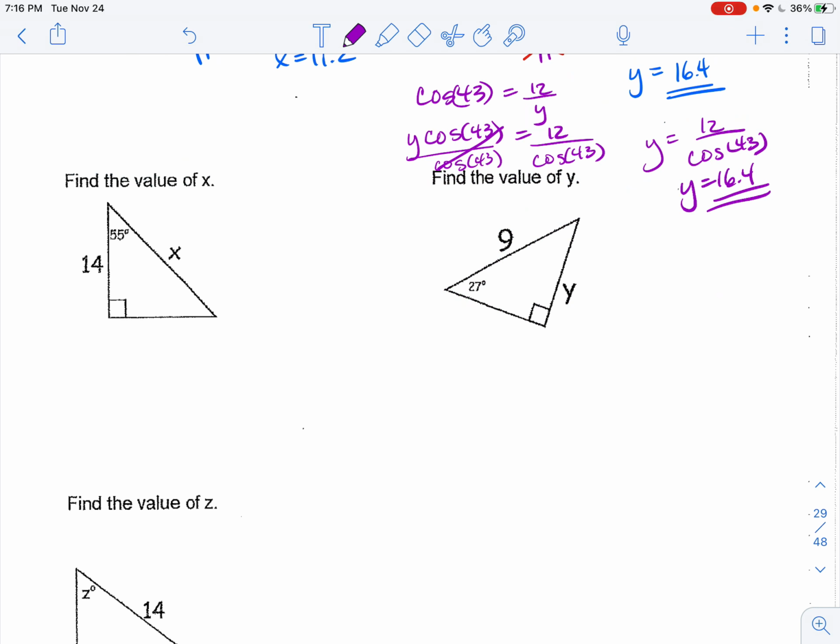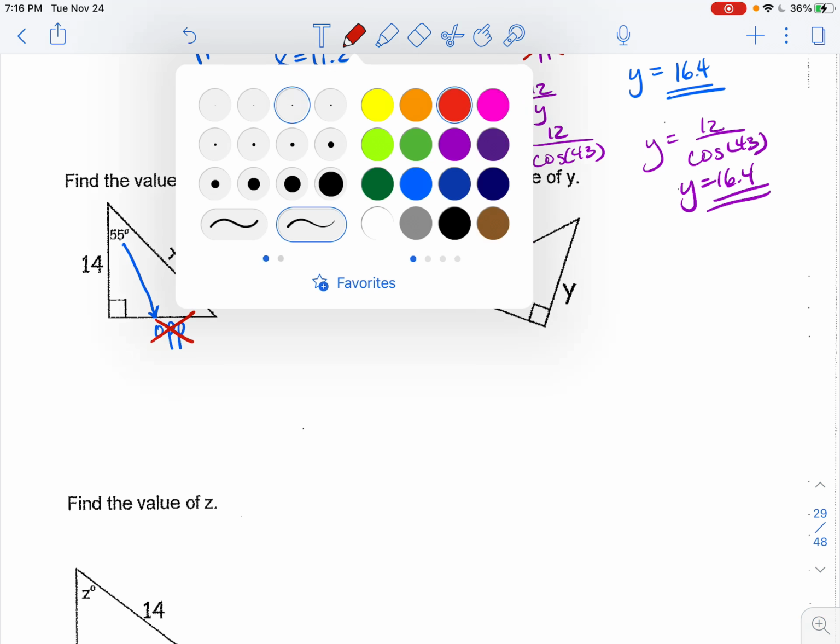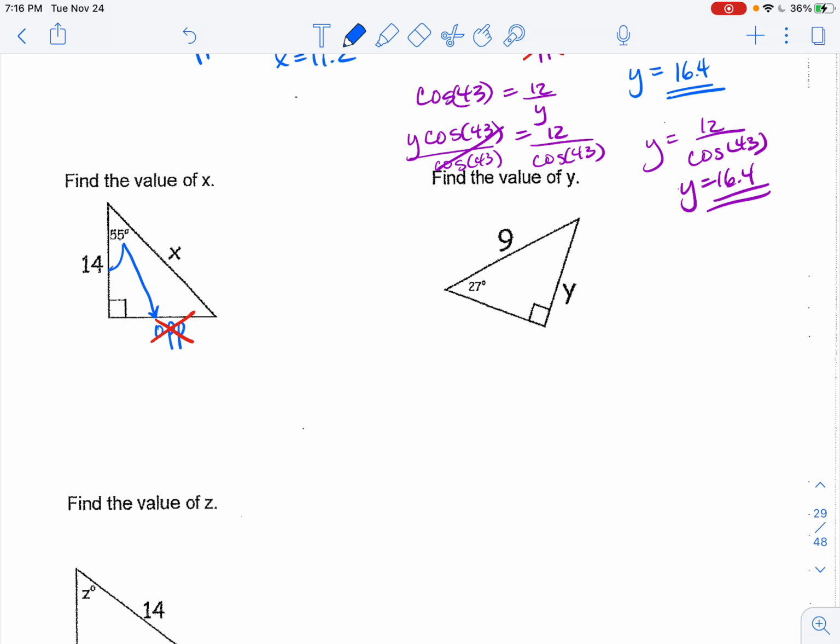Okay, a couple more examples. I label opposite. I'm not going to need the opposite just because I don't have a number or an x. But that helps me rule out, well, 14 has to be the adjacent because across the box is your hypotenuse. So I need the ratio with hypotenuse and adjacent. SOHCAHTOA. Hypotenuse and adjacent would be cosine.